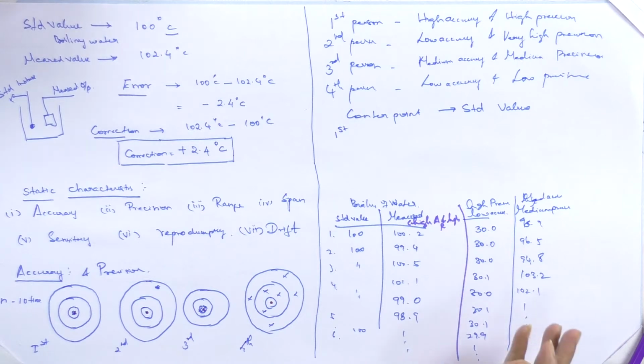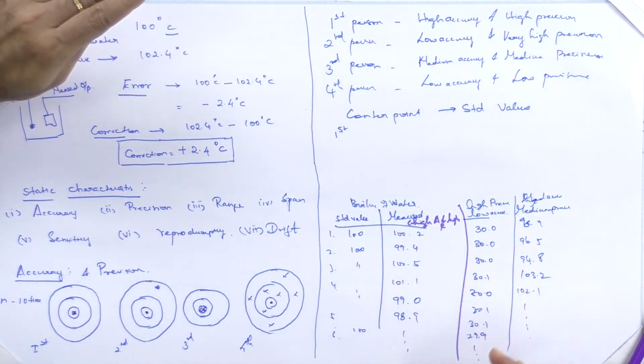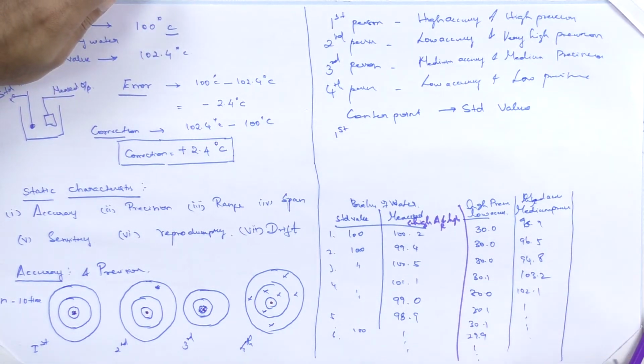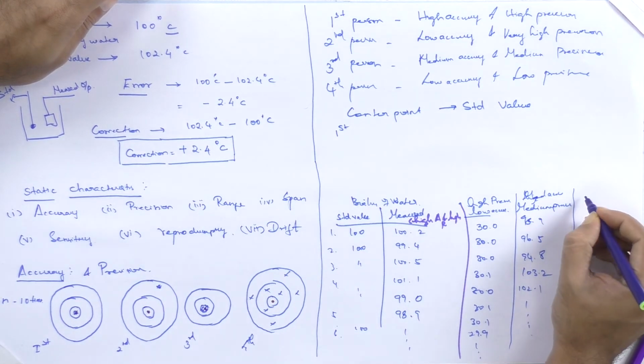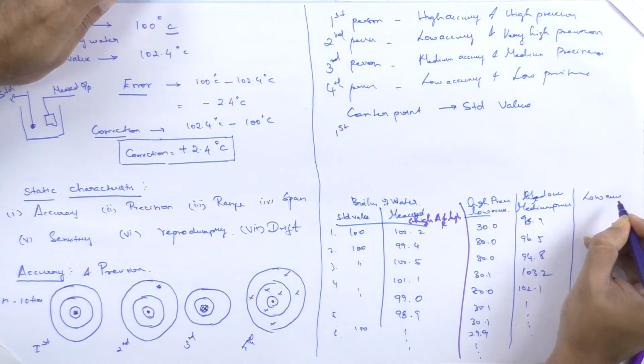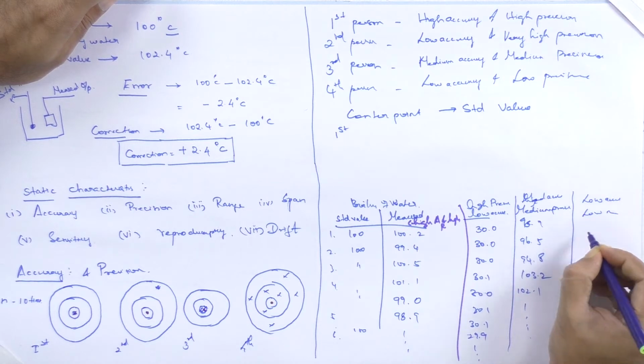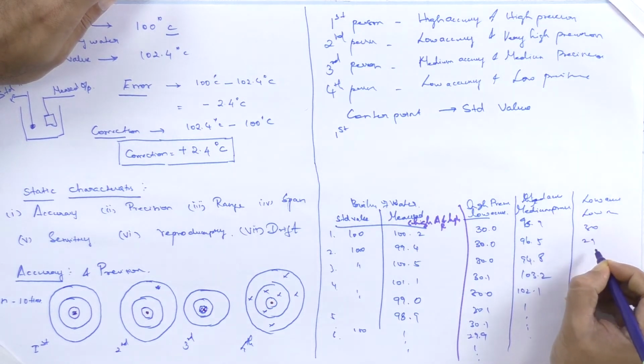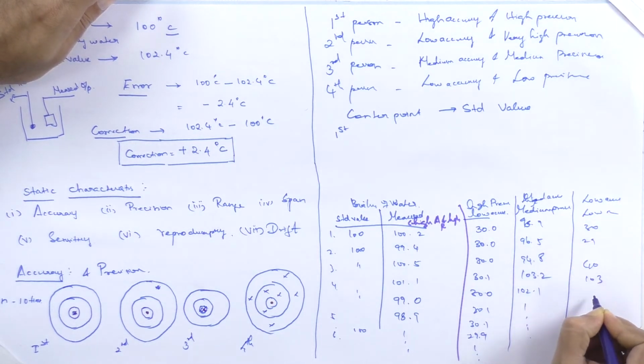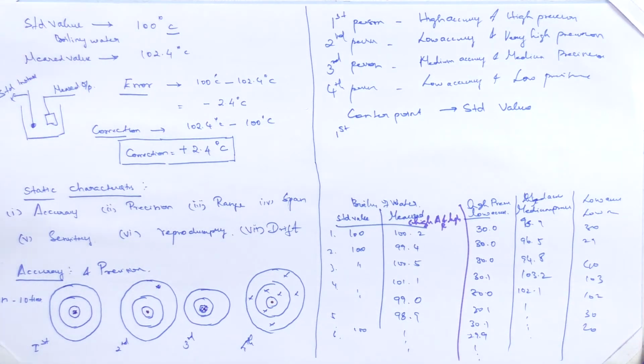It goes on oscillating around this range. The last one will have some observed values with low accuracy and low precision: 30, 29, 40, 103, 102, 30, 20. Like this it goes on.